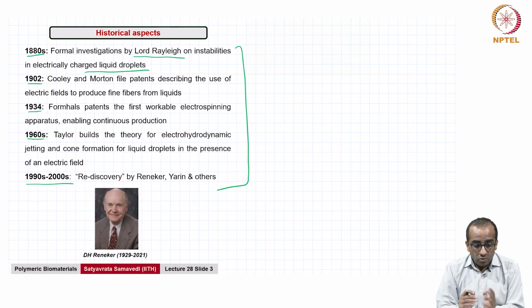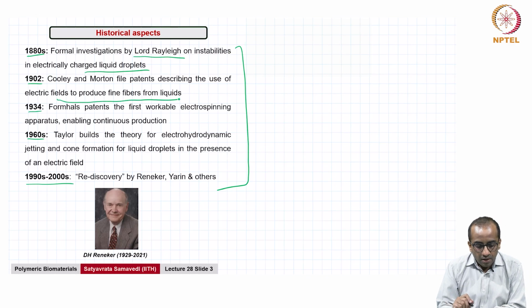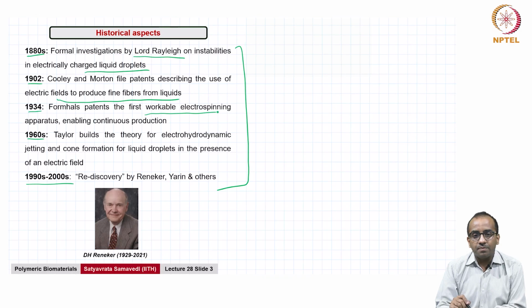In 1902, Cooley and Morton filed independent patents describing the use of electric fields to produce fibers from liquids.